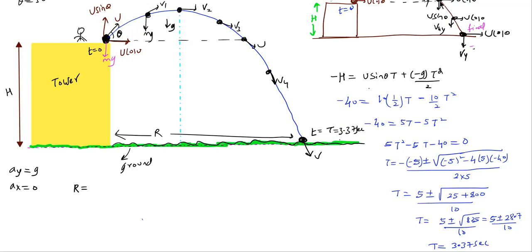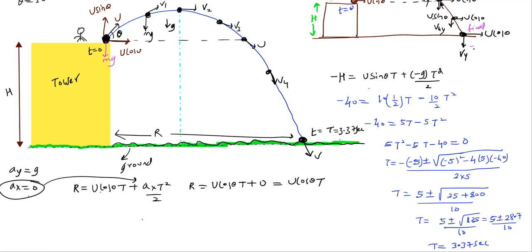R is equal to u cos theta t plus a x t square. What is the horizontal acceleration along x-axis? 0. So therefore, this should be equal to u cos theta t plus 0, or only u cos theta into t.